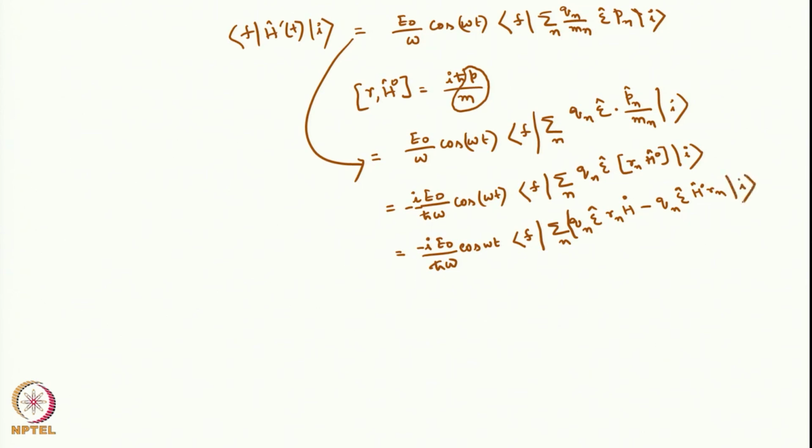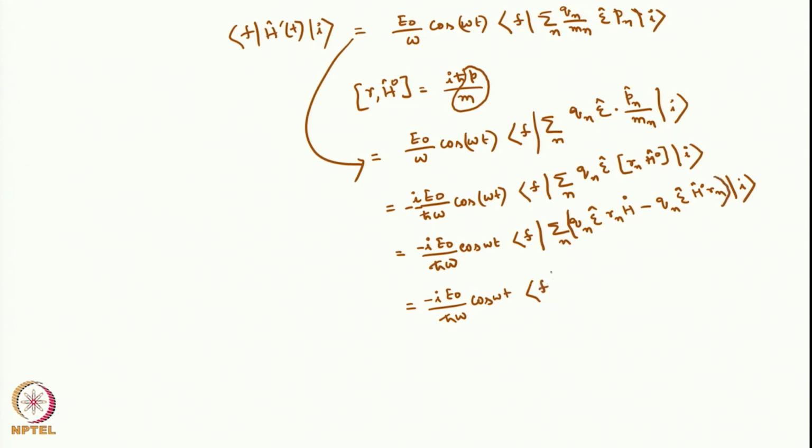I have just expanded this commutator r n h naught, because then it will be r n h naught minus h naught r n. So this will be equal to minus i E naught by h bar omega cos omega t. Okay, I will write it as two integrals because there are two terms here.